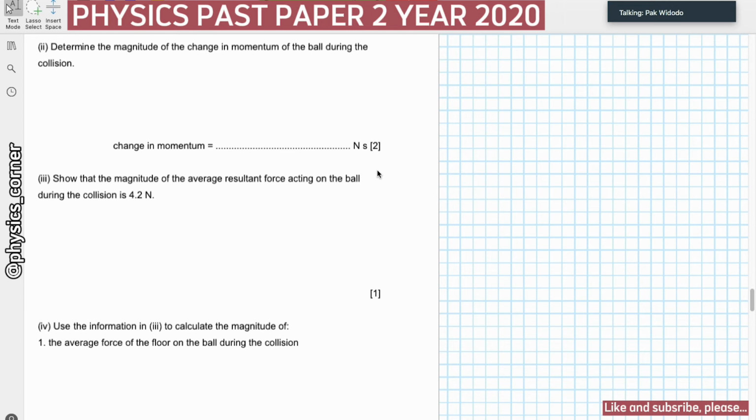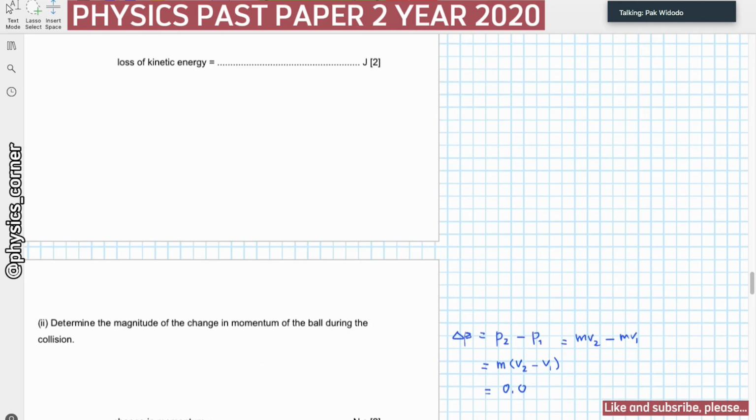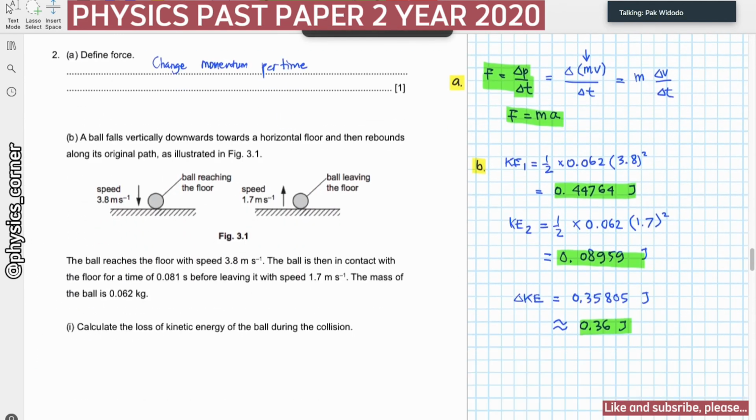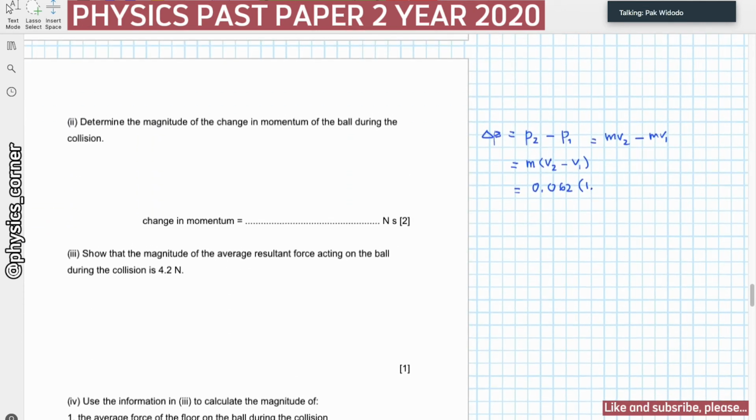We use the basic formula: change in momentum, delta P, is the second momentum minus the first momentum, m v2 minus m v1. The mass of the ball is constant, 0.062, and v2 is 1.7, minus negative 3.8.